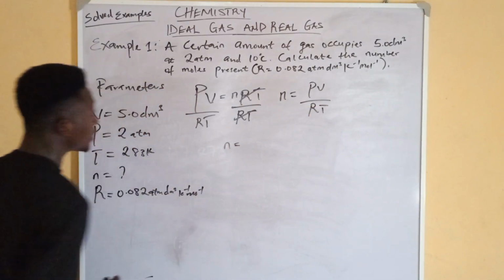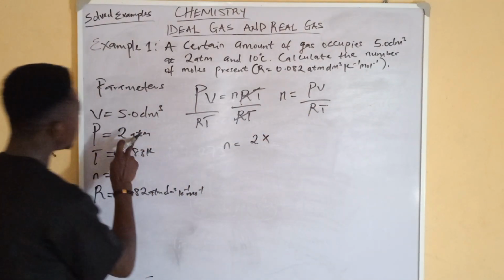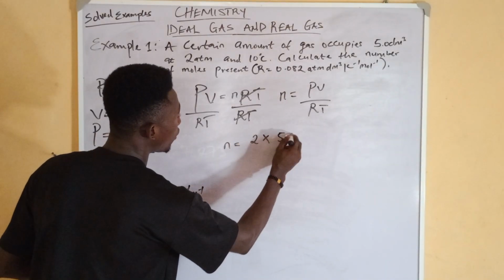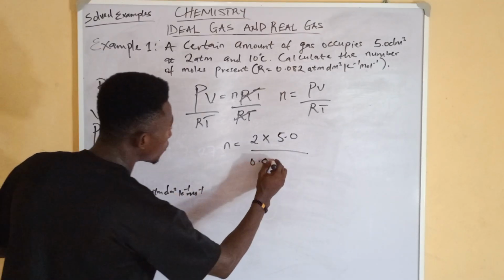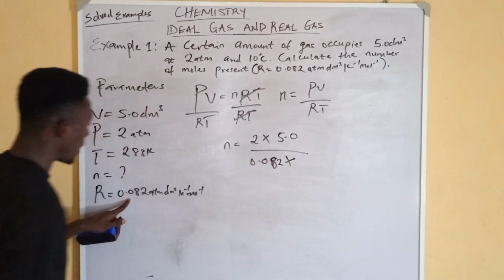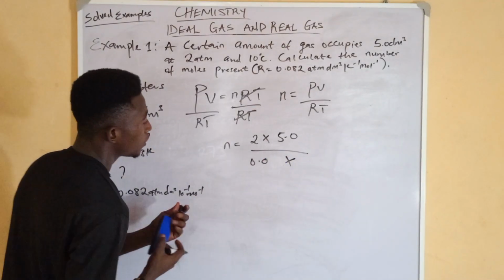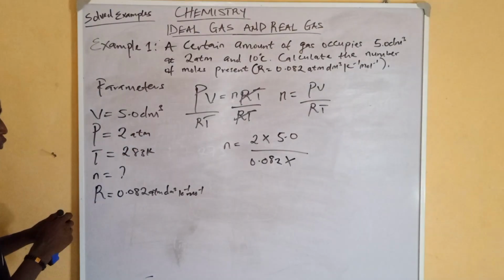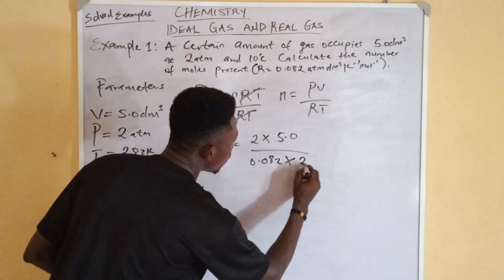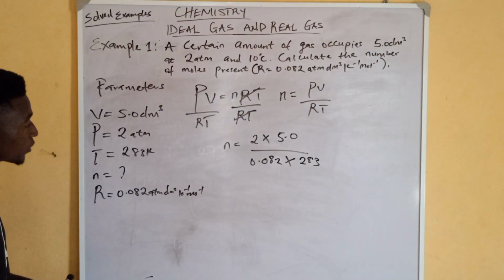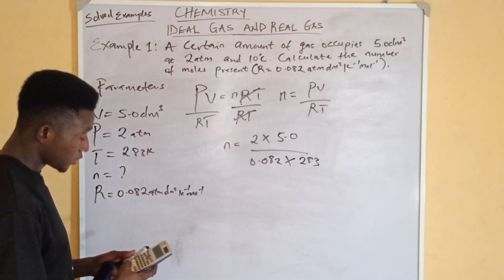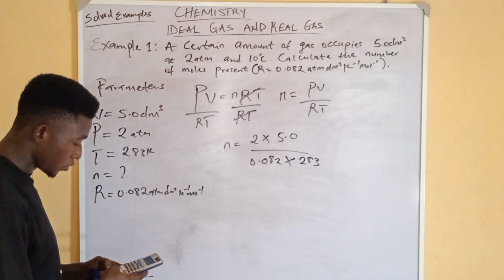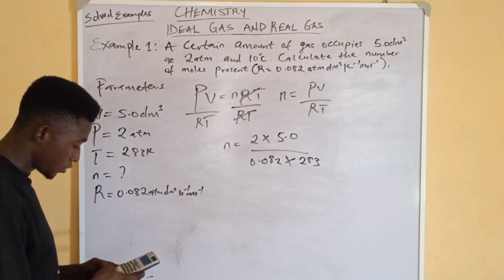So let's input our parameters now. P is 2 atm multiplied by our V, 5.0, divided by our R, 0.082, multiplied by our temperature, 283.